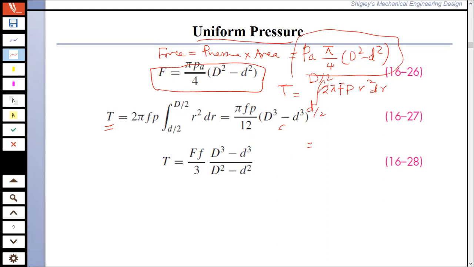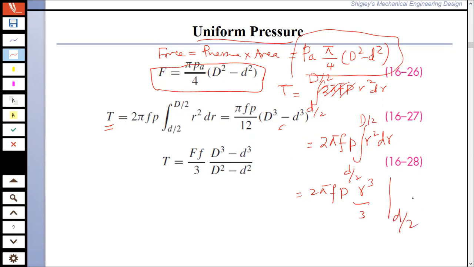This is constant, this will go out, this is going to go out, and p is going to go out. So 2 pi f p times, r square is going to remain there, from d by 2 to D by 2, r square dr. So when we integrate that, 2 pi f p r cube by 3 from d by 2 to D by 2. So this is going to be my torque now, putting the limits.